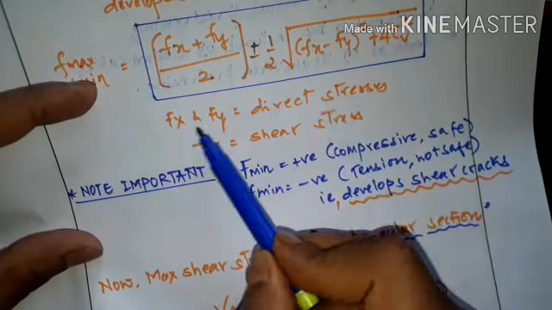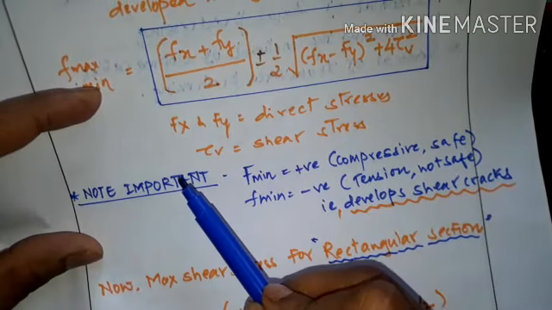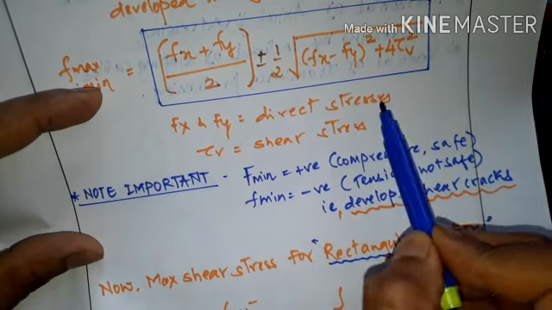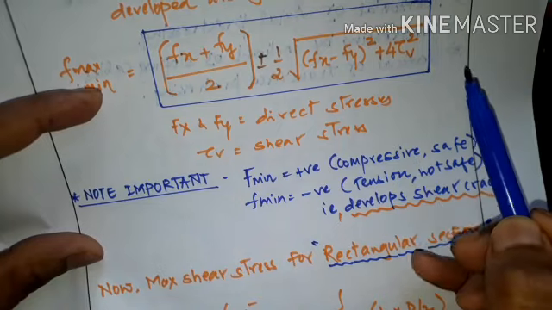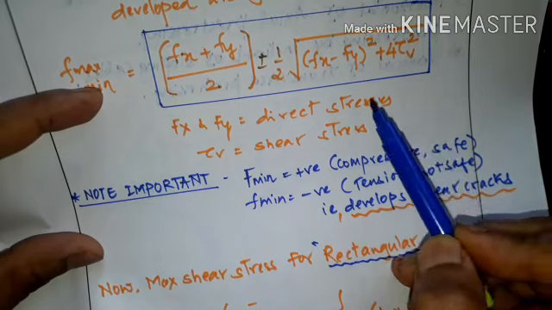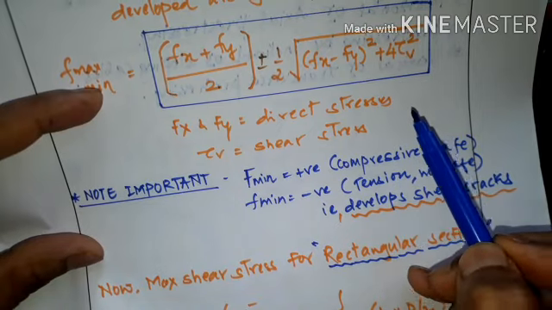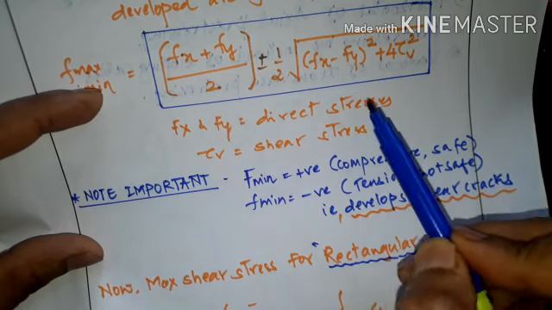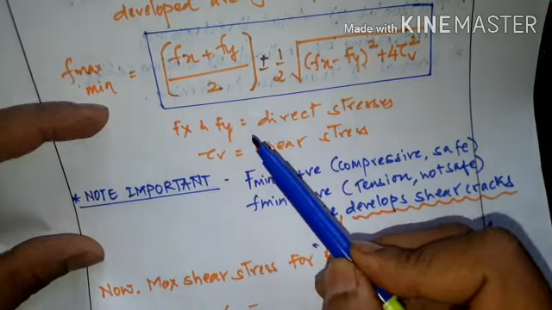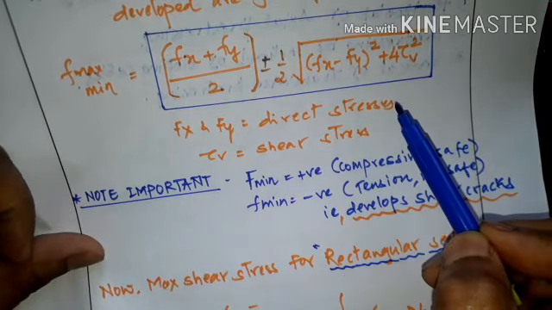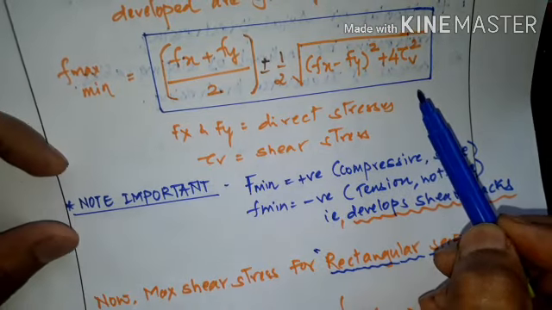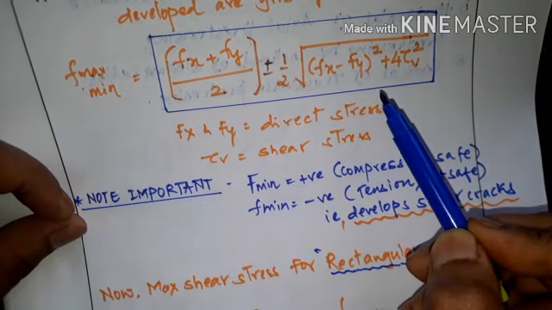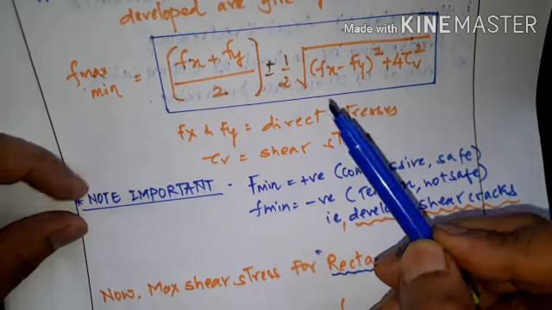What is the direct stress? Fx and Fy are the direct stresses developed by the tendons, or the prestressing force. In the concrete beam we develop the prestressing force through the tendons, so it develops stresses, which are nothing but direct stresses.